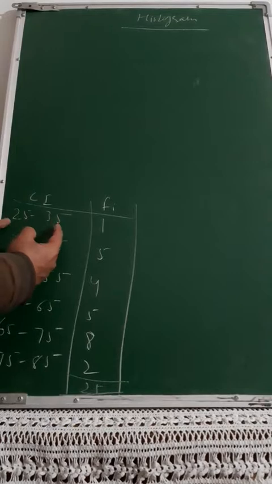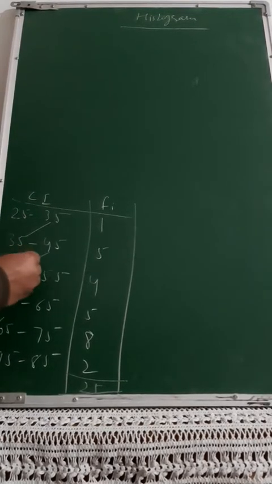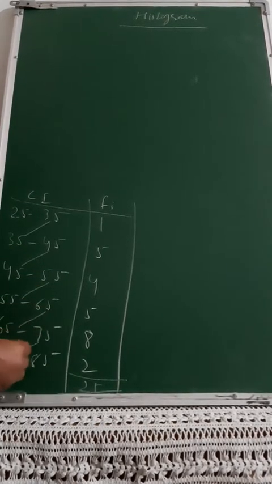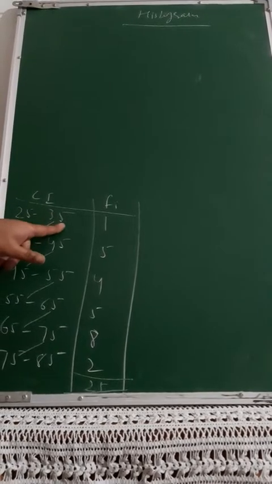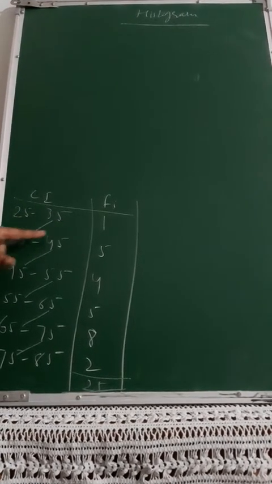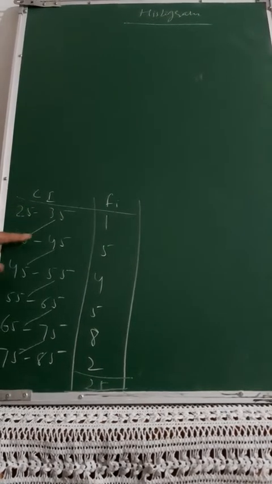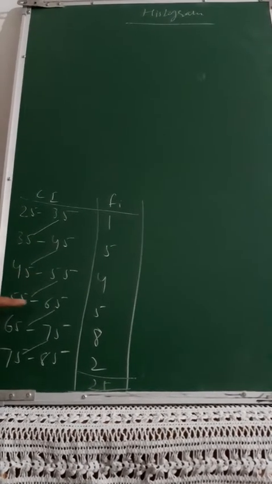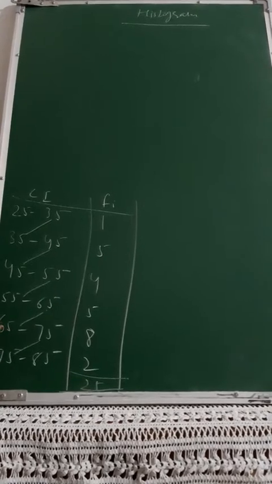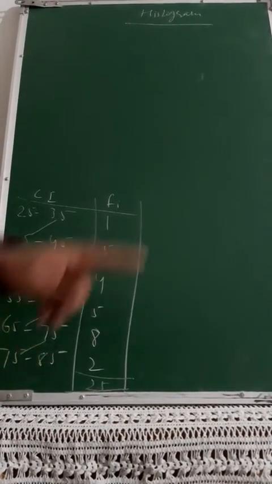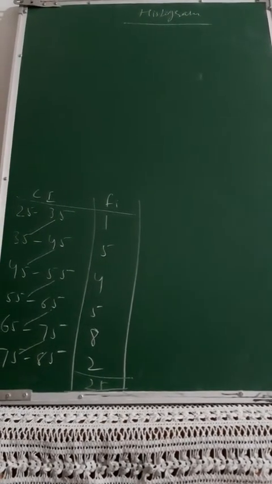So this is exclusive because continuity is there. You see everywhere, the upper limit of the previous class interval is the lower limit of the next class interval: 25 to 35, 35 to 45, 45 to 55, 55 to 65, 65 to 75, and 75 to 85. So this is the first thing.